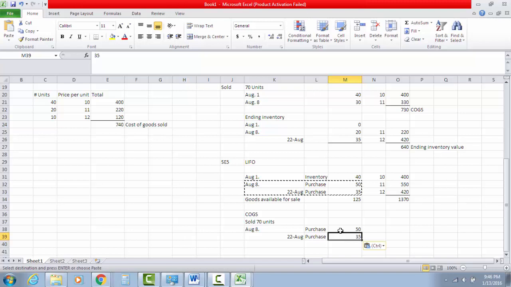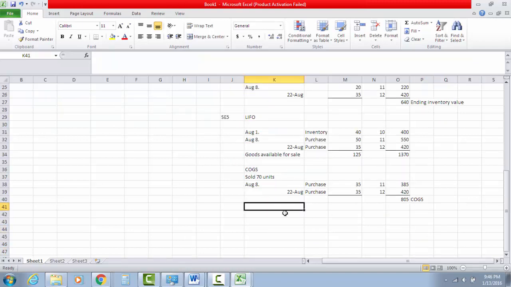Because it's less than 70. So then we say that we have 70 units left total to sell. We've already sold 35. So in the end, on the August 8th, we would have sold 35 of those units. And then we figure out the cost per unit. And our total cost of goods sold for the month is $805.